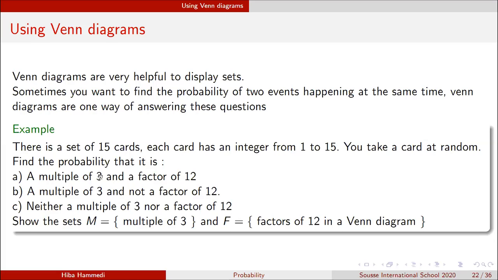A very useful way to understand this problem is to represent the sets first. So I would like to represent the set M, which is multiples of 3, and F, which is factors of 12. I will represent this in Venn diagrams.